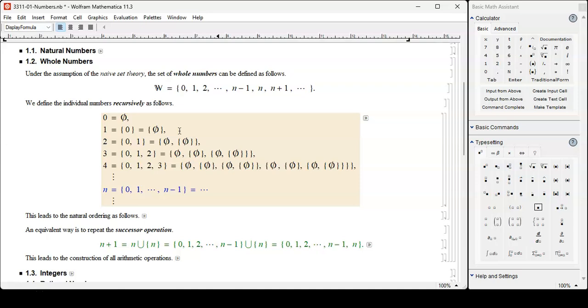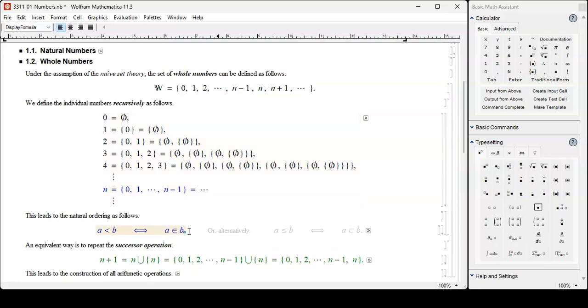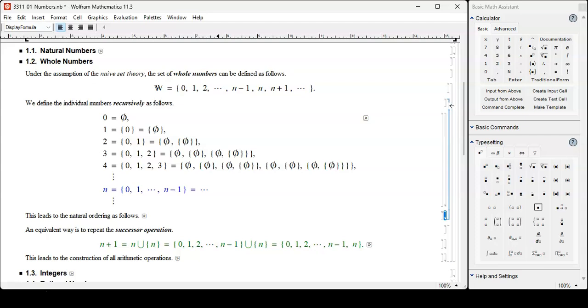And then recursively you can continue 2, 3, 4, 5, and so on with all the numbers defined a priori as highlighted in blue, which will give us the natural ordering. Okay, and consequently we get all those nice properties about ordering, the well-ordering principle, and so on and so forth from this construction.